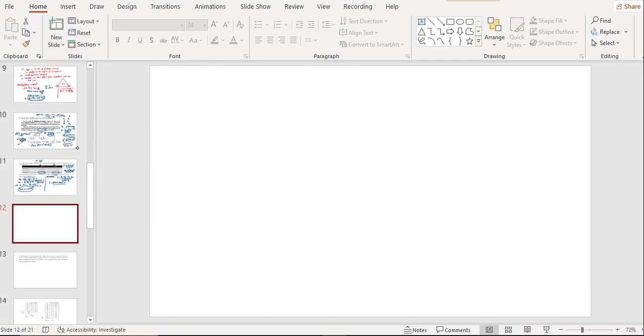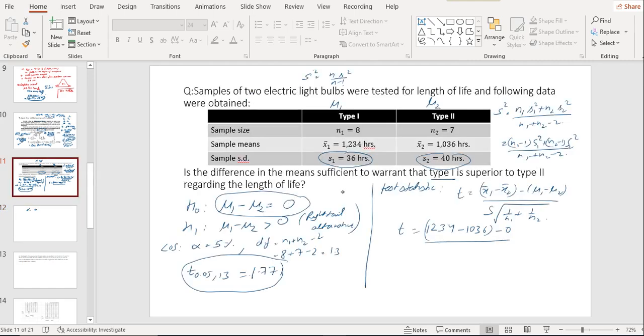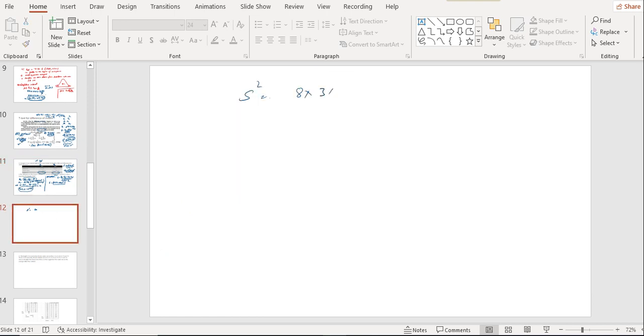So what is the formula? N1, that is 8, into s1 square, which is 36 square, plus 7 times 40 square, upon 8 plus 7 minus 2.